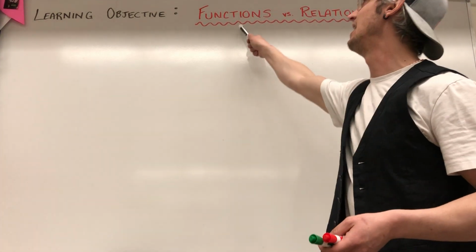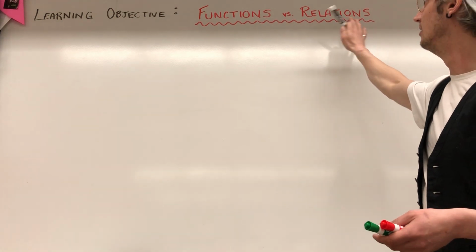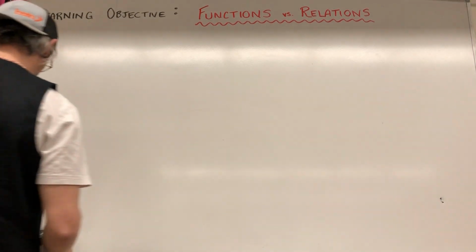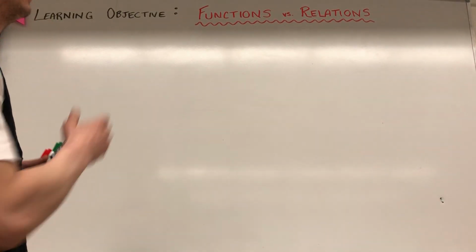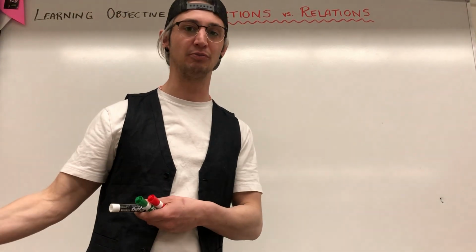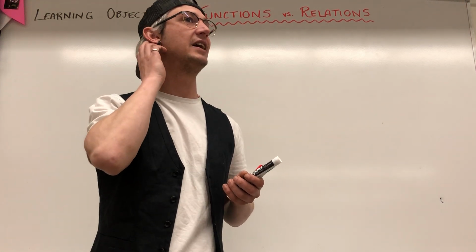A function is actually a subset of a relation. A relation is basically any situation where we are representing elements. I think of it as input, output. A relation is a relationship.